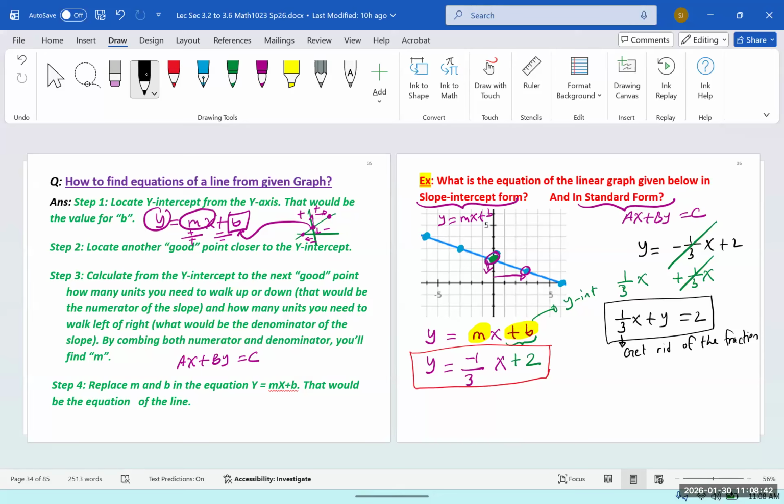This is not wrong, this is correct, but the department doesn't want you to have any fraction in your standard form. If you observe all the standard forms we worked with so far, none of them had any fraction. So usually standard form doesn't have a fraction. So any idea from anyone?